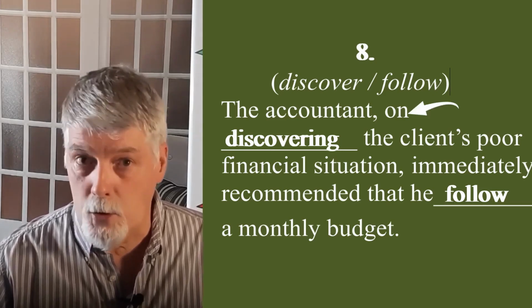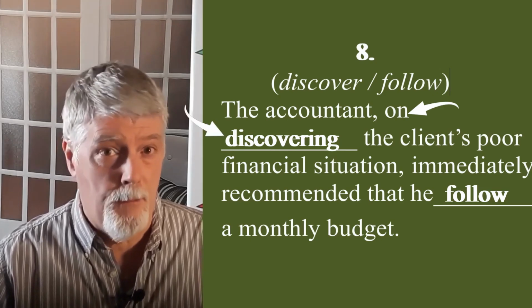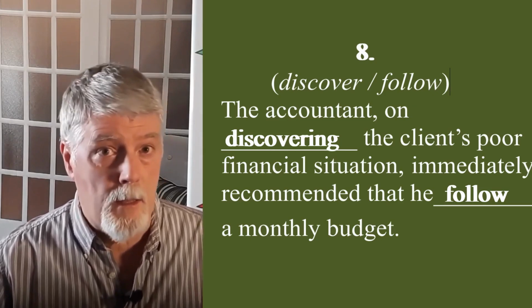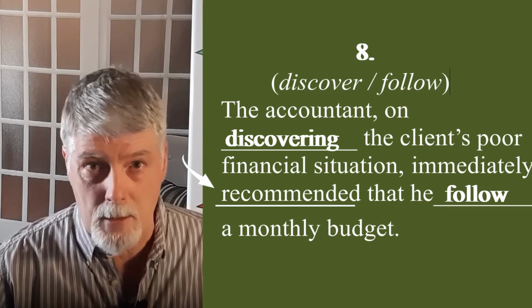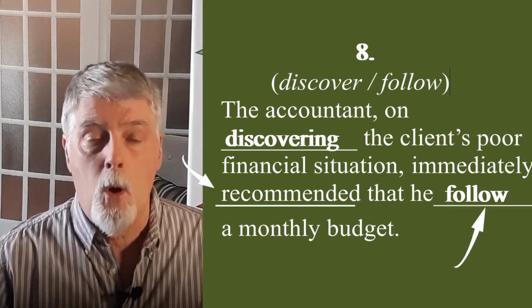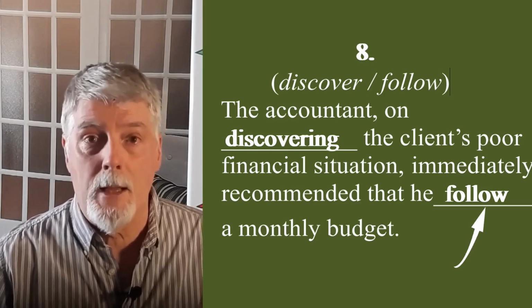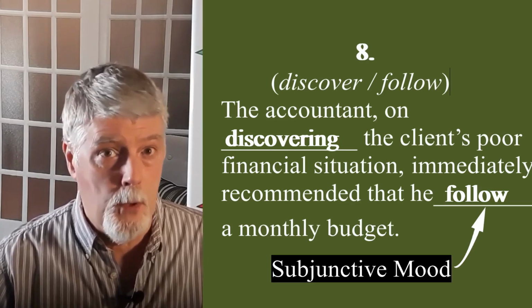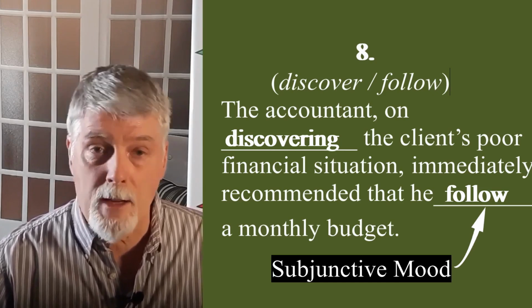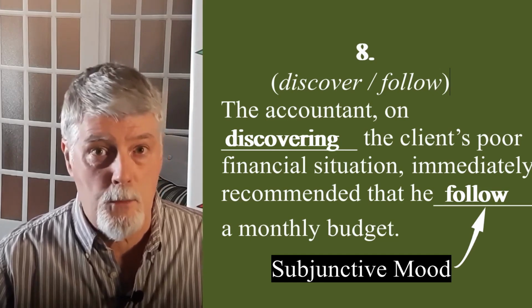Like I said earlier, after on, we use the present participle of the verb. So on discovering. Now the second part of the sentence, we have the verb recommended. Recommended that he follow. Why do we have follow and not follows with an S? Because it is a subjunctive mood and there's no S. So verbs like that, recommend, demand, suggest, are followed by the subjunctive mood.